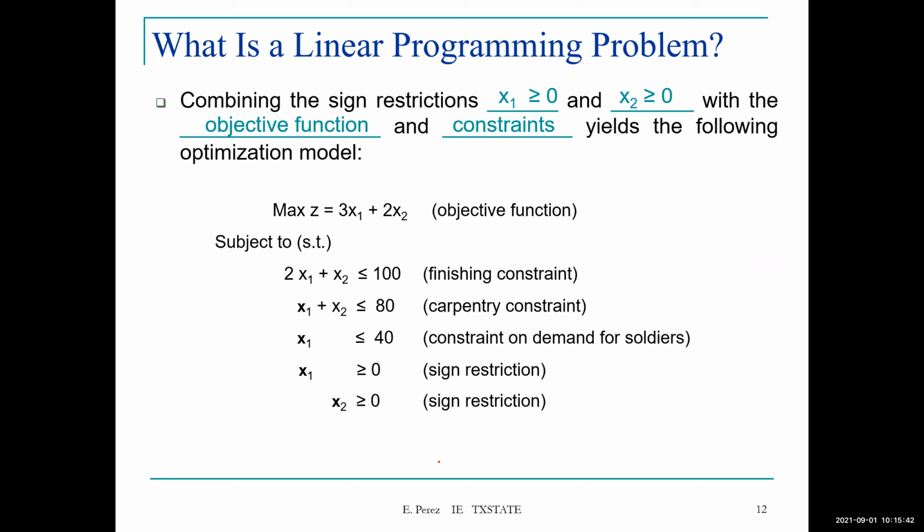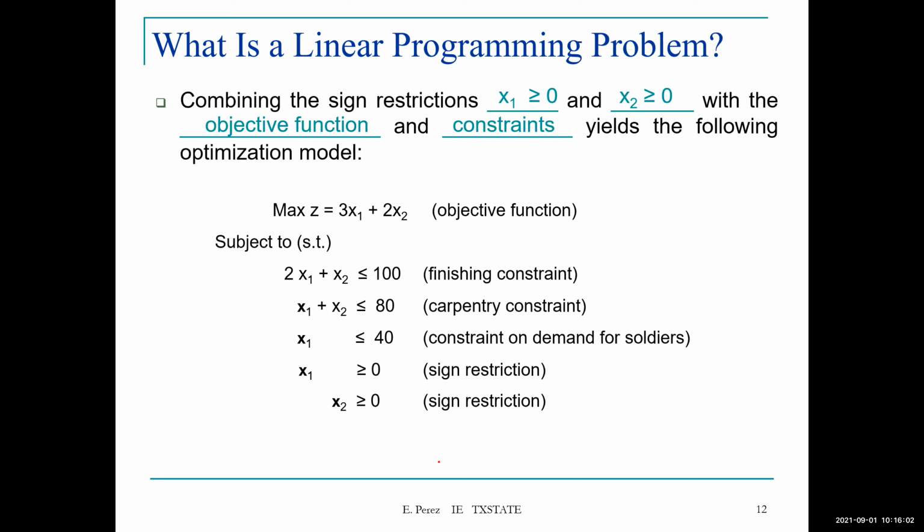Using the decision variables, we define the objective function, maximization or minimization. And then using that information, we define the constraints. And that completes your model. So this is the first linear programming model that we define as part of this class.